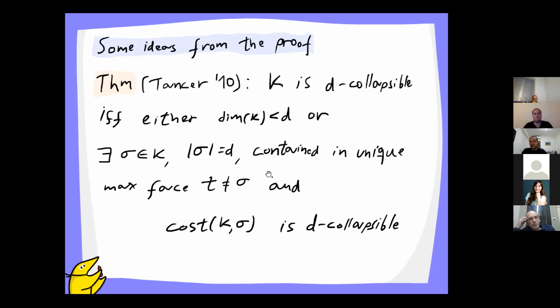This result shouldn't surprise you so much. It is quite similar to the original definition. We have a simplex of size d containing a unique maximal face, and the costar of this simplex consists of all the simplices that don't contain sigma. So this is exactly what we obtain after performing the elementary d-collapse, removing sigma. So saying that the costar is d-collapsible is the same as saying that after we perform the first elementary d-collapse, we can continue performing d-collapses until we remove all of the simplices.